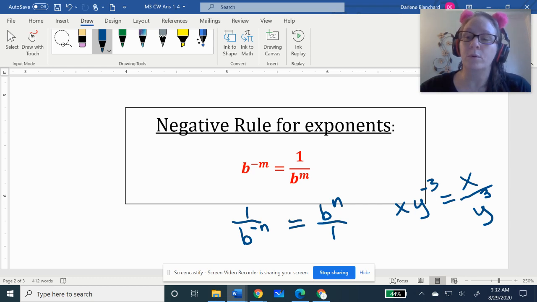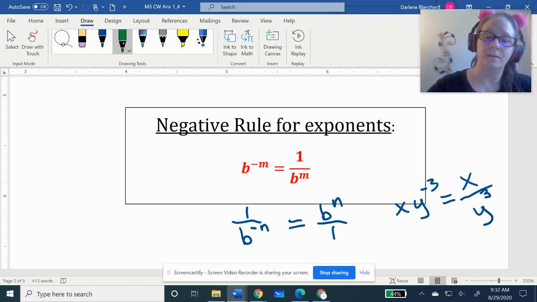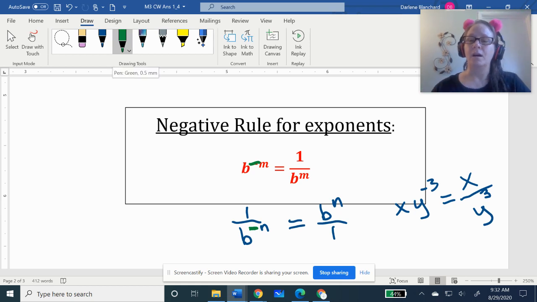This is a very important rule to understand and to get that this negative sign is not like a negative number, the way you're used to thinking about negative numbers. It is referring to needing to be on the other side of the fraction.